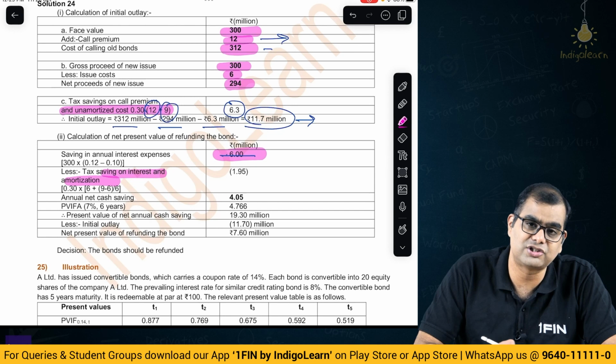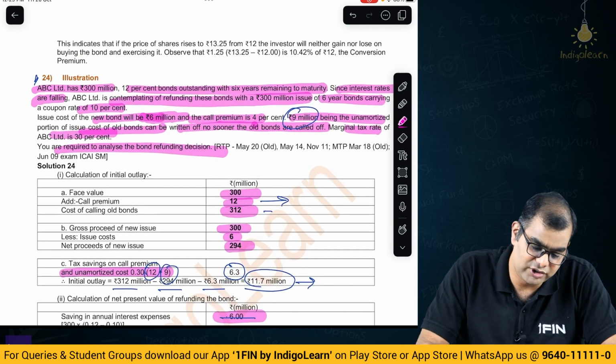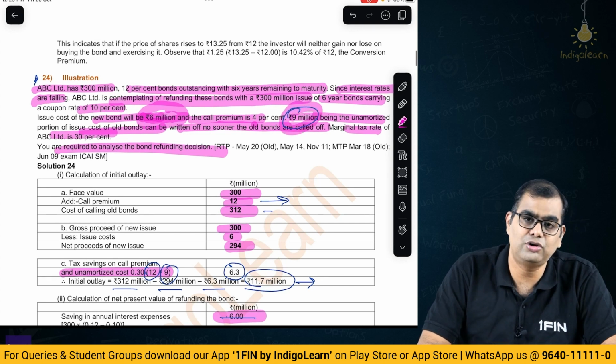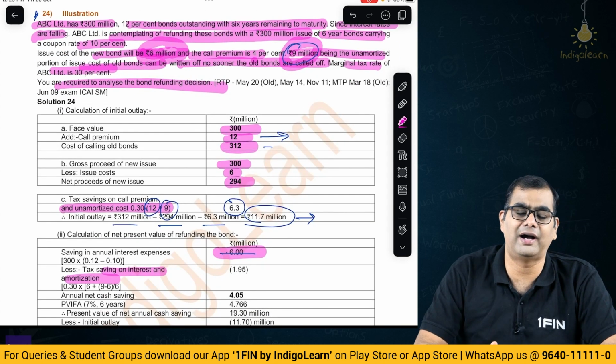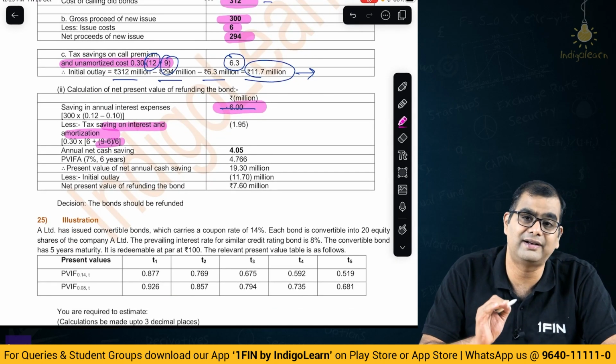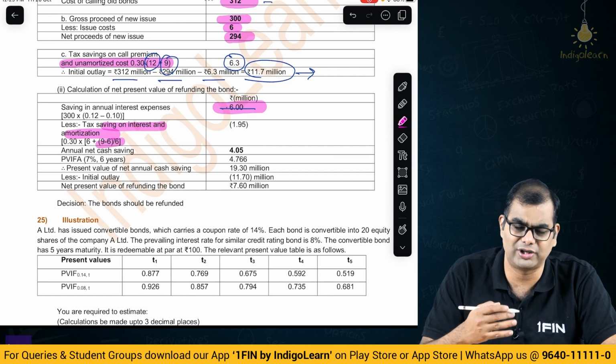But the tax deduction is not only for this, there is also a tax deduction for your issue expenses. Old issue expenses were 9, new issue expenses are 6. So there is a reduction in amortization. You take 9 minus 6, which is basically a reduction in amortization or depreciation that you can do.